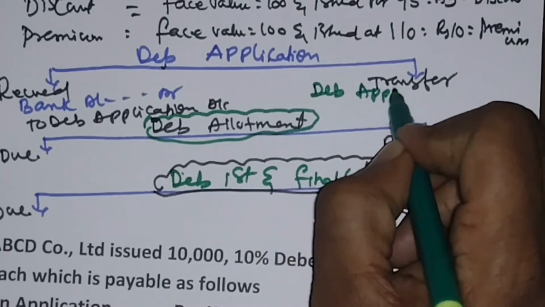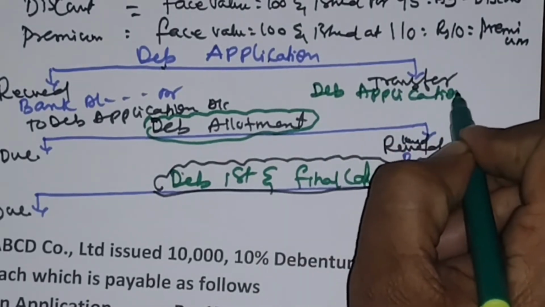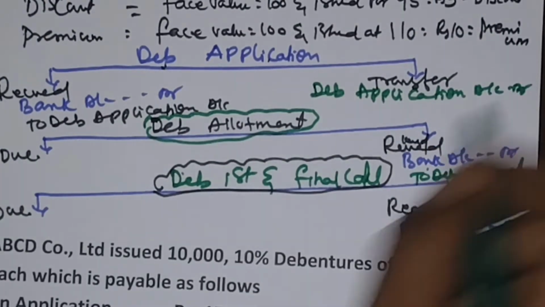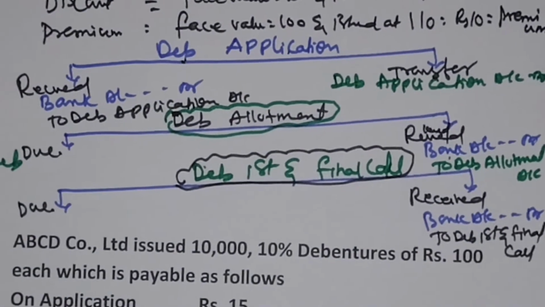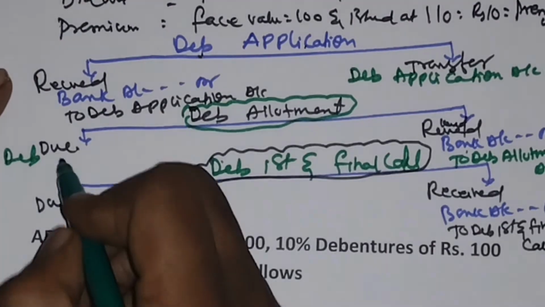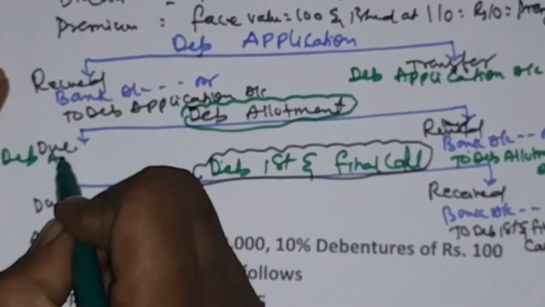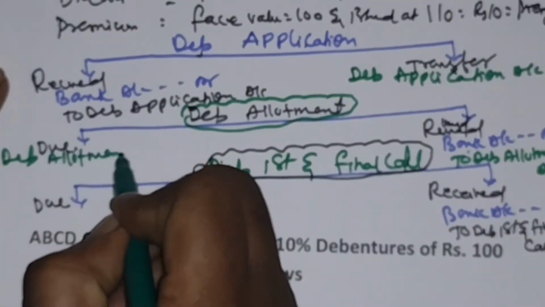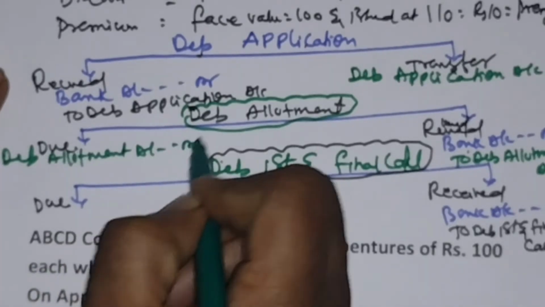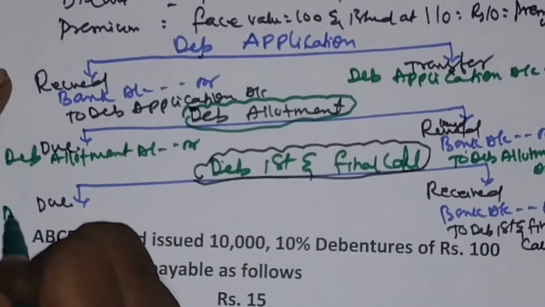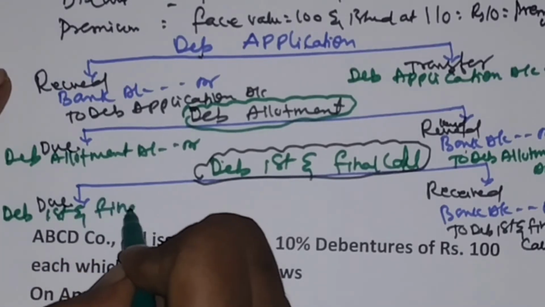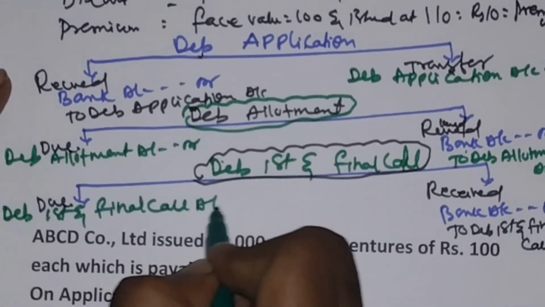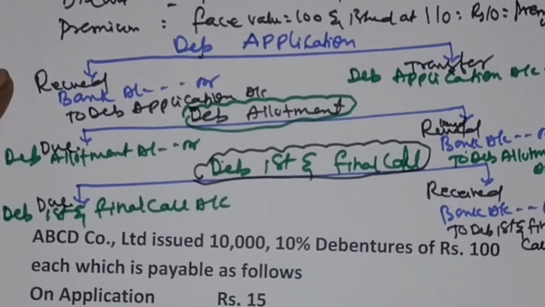Debenture application account debit. For the next one, the heading is debenture allotment account debit, and for the last one, debenture first and final call account debit. The first line of the journal entry is over.